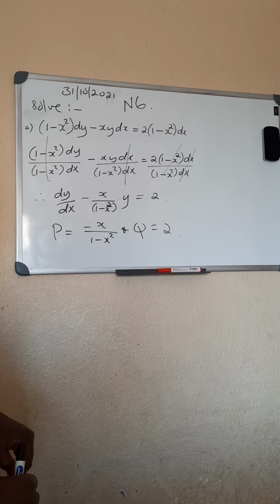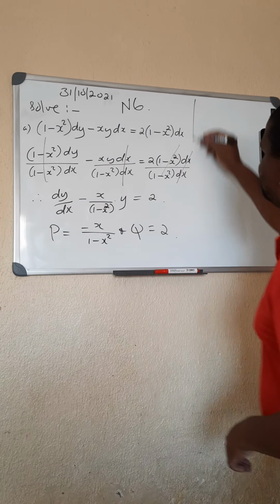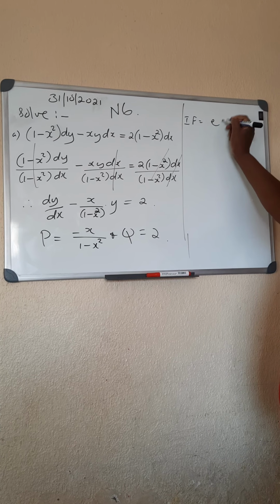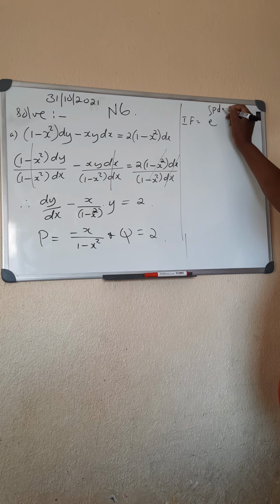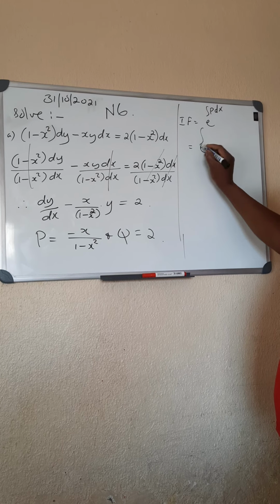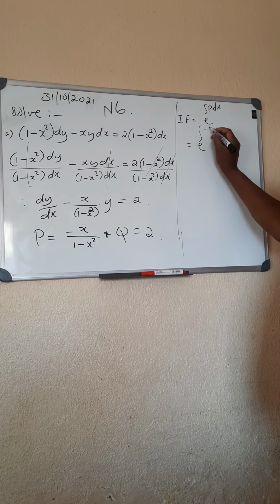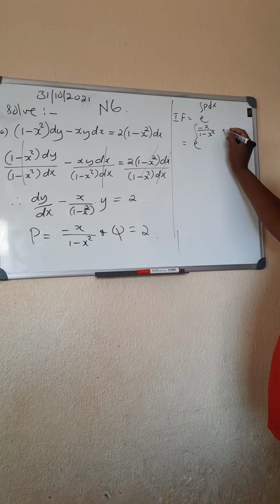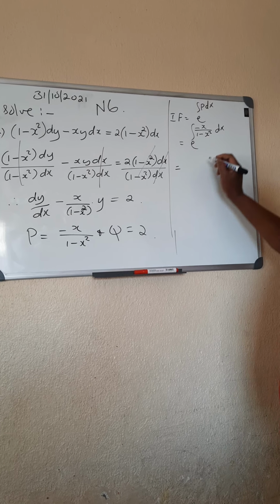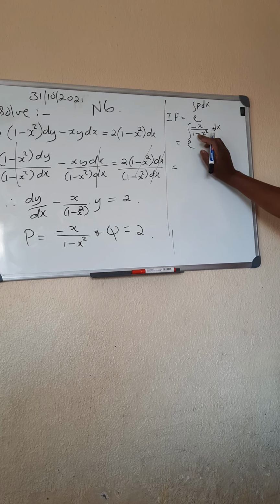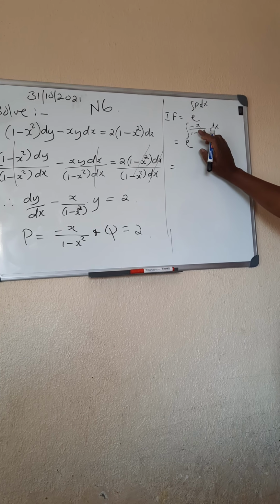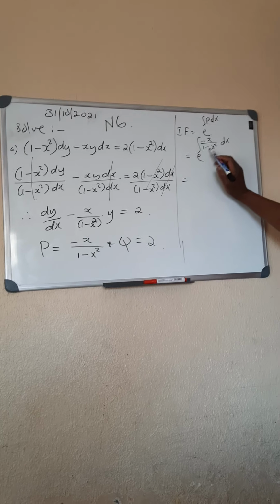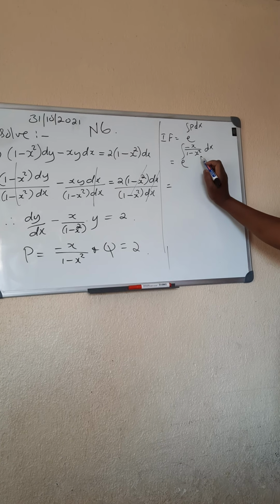Okay? Now we need to determine the integrating factor. Integrating factor is e to the integral P dx. What is P? P is minus x over 1 minus x squared, dx. What is the integral of minus x over 1 minus x squared?